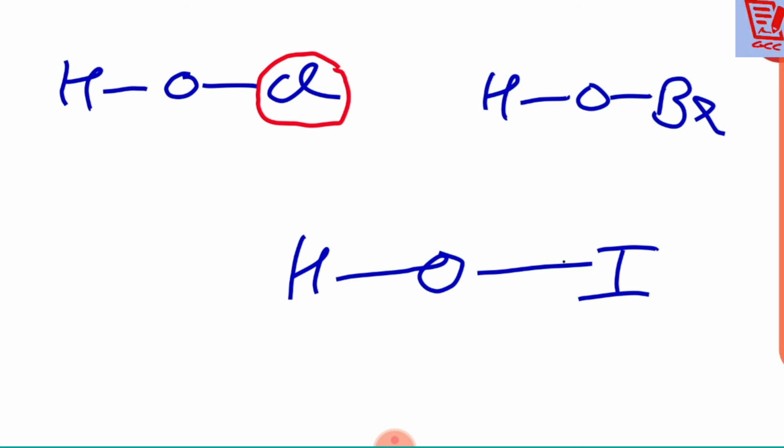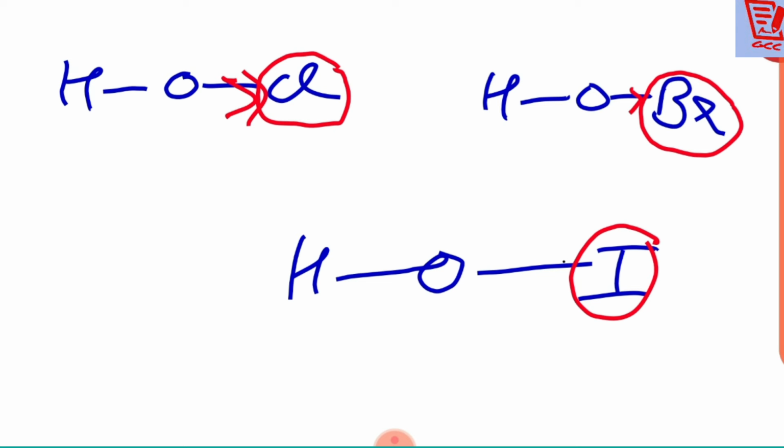Cl is having the maximum electronegativity, then Br, then at the last iodine. So Cl is having a greater tendency to attract the electron from the oxygen, am I right? Cl will attract the electron with the greater tendency, Br has less tendency, and iodine has the least tendency. Yes or no?